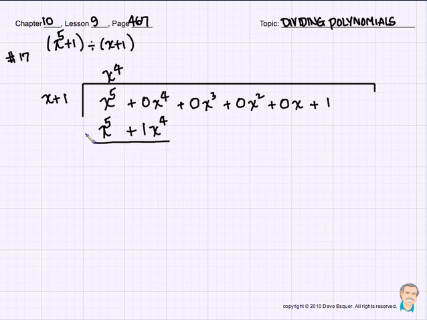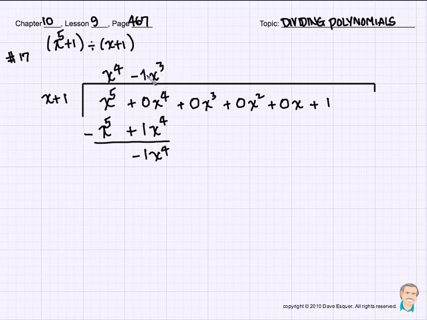And as we do in normal division, we subtract. X to the fifth take away x to the fifth is 0. 0x to the fourth take away 1x to the fourth is negative 1x to the fourth. Now how do we get a negative 1x to the fourth? Well, we better multiply it by a 1x cubed with a negative sign.